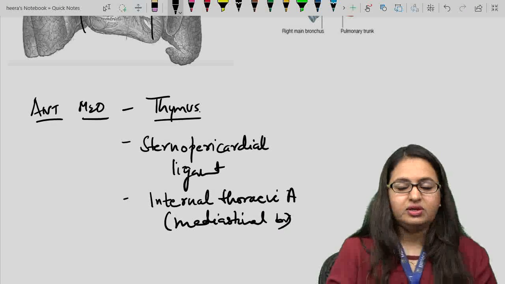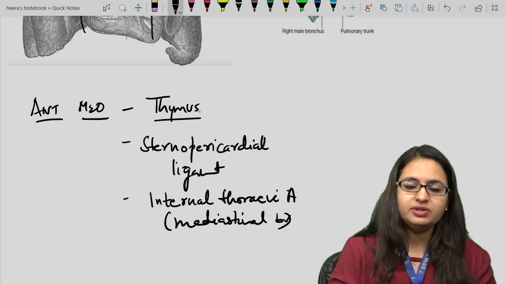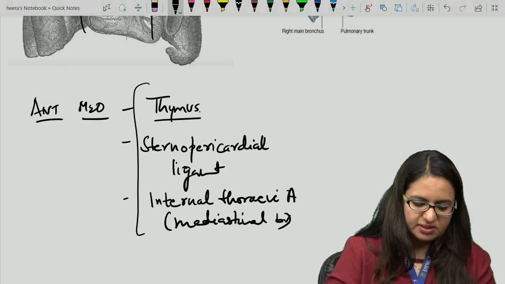We also have lymphatics and lymph nodes present in the anterior mediastinum, and it is filled with areolar tissue. So these are the contents of the anterior mediastinum.